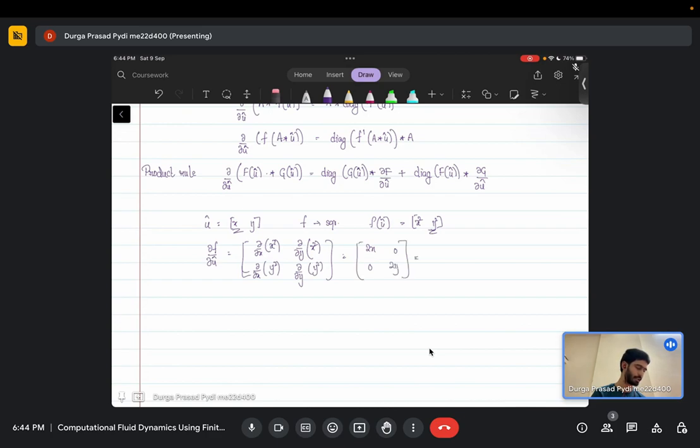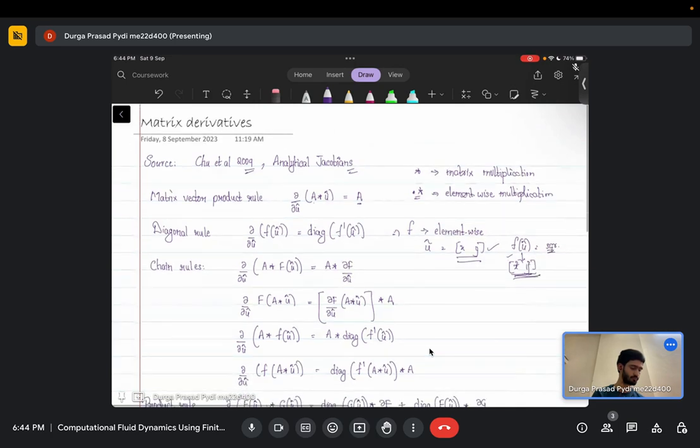So this I am writing as diagonal of f prime of u hat. Essentially f prime of u hat, if you directly apply the derivative here, will give you (2x, 2y). So this is equal to this. That is your diagonal rule.